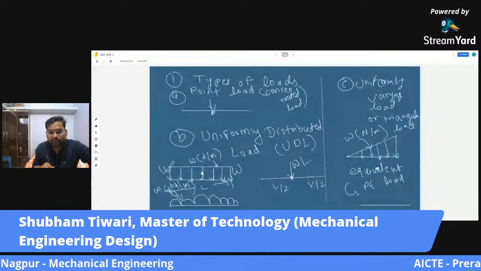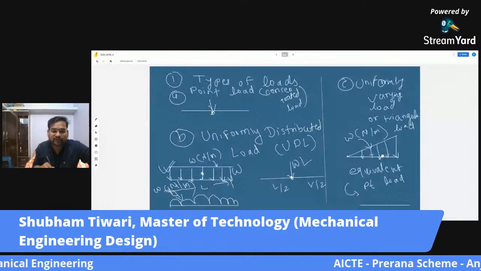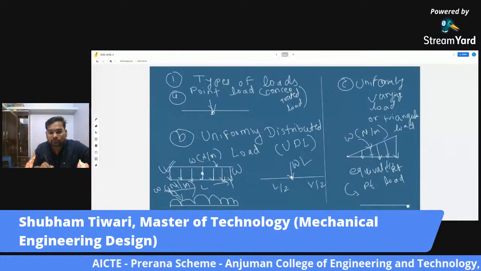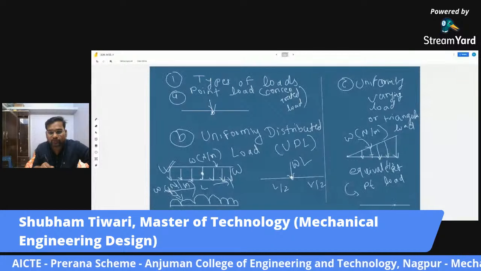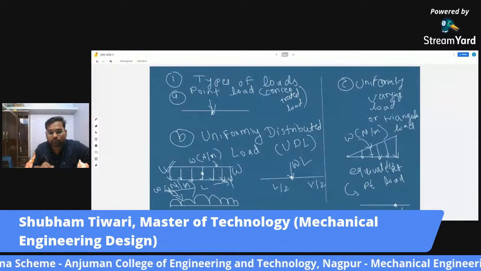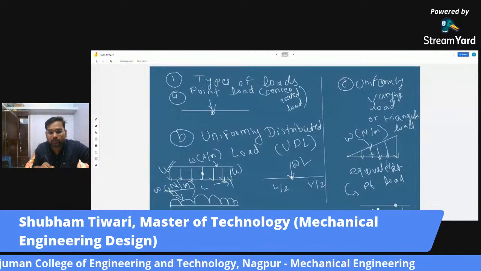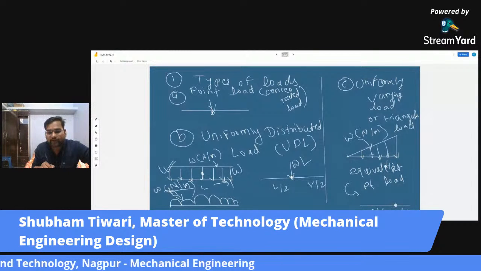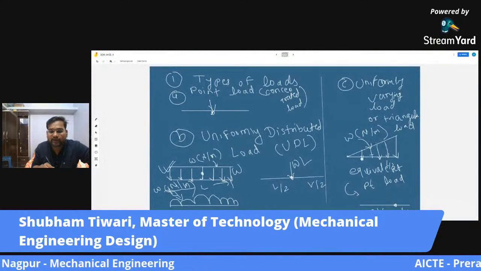I told you the point of application is the centroid of this diagram. The centroid of this diagram is L by 3 from the 90 degree. So here it will be somewhere L by 3, and here it will be 2L by 3. And the magnitude will be equal to the area of this diagram.